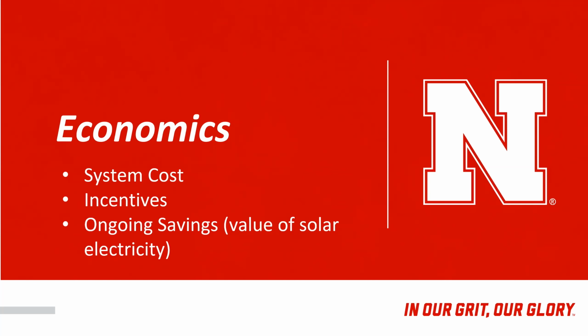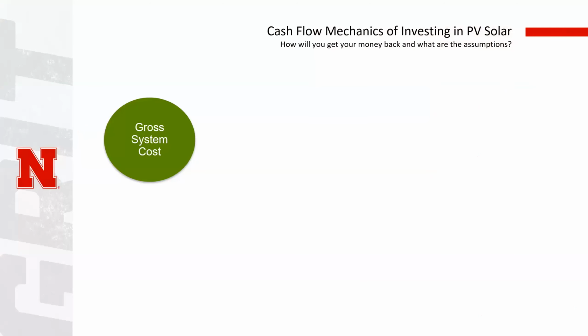Let's jump into economics, because this is really the heart of the presentation. We're going to talk about costs, incentives, and then ongoing savings, the value of the electricity that is generated by the solar array. So when we think about this process, we start with a gross cost, the total cost of the system.